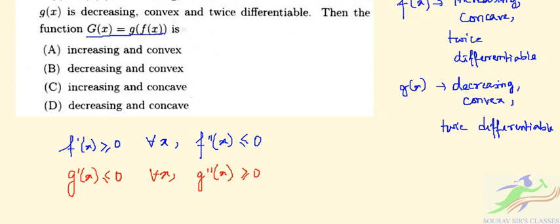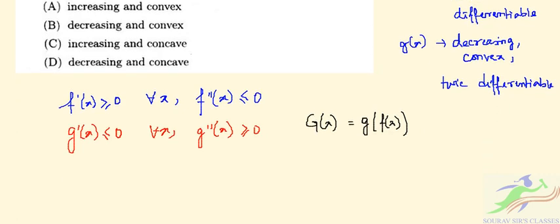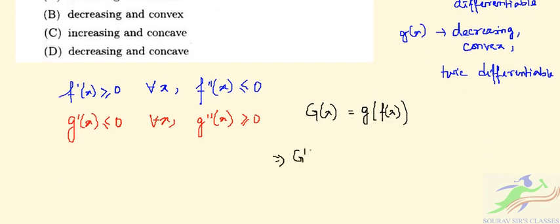So we have been given the function g of f of x. If we do the first differentiation with respect to x, g prime of x is equal to g prime f of x multiplied by f prime x, which is less than or equal to 0.